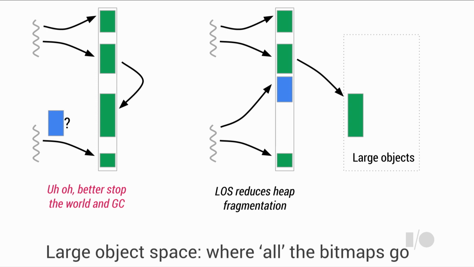And so what we do in ART is we move the bitmaps out of the main heap and put them into their own separate area, still part of the managed heap, especially dedicated to large arrays of primitive objects. And this is also useful for us because we know that by definition, arrays of primitive objects don't have references to other objects. And so we can improve the bookkeeping and the performance of the garbage collector as a consequence.